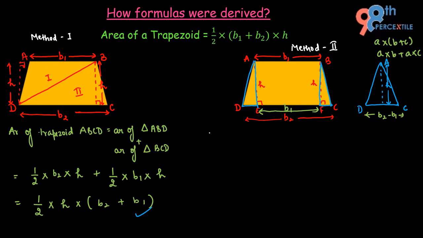Okay, now in order to find the area of the trapezoid, our original trapezoid is ABCD.